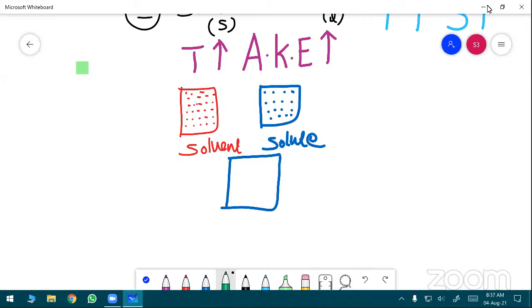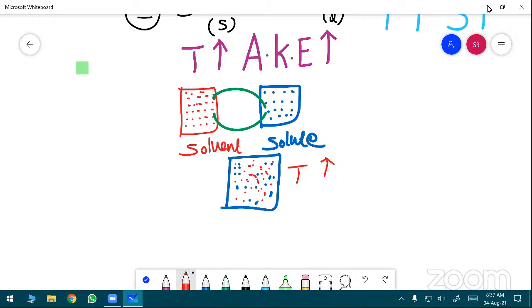As a result, they can easily mix together. The solubility increases. The solute and solvent mix with each other more when the temperature increases.